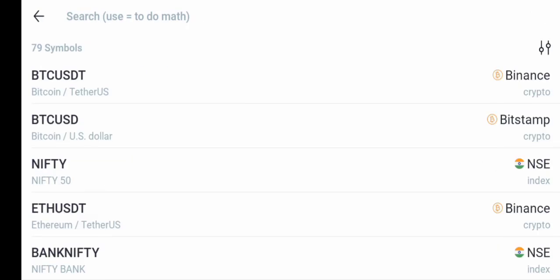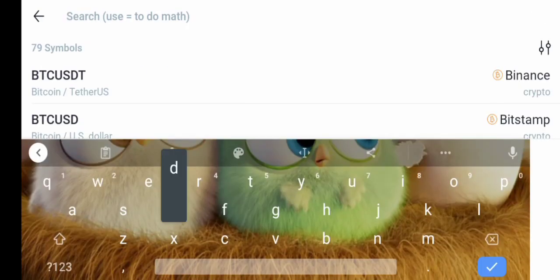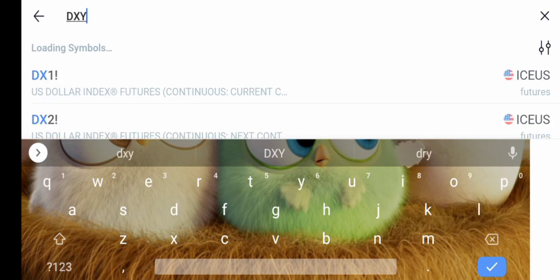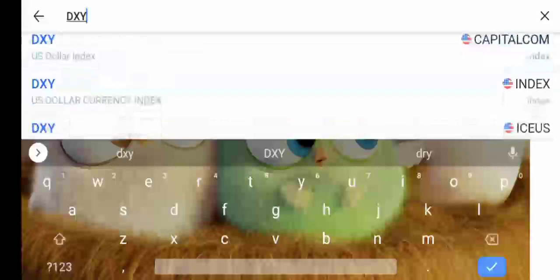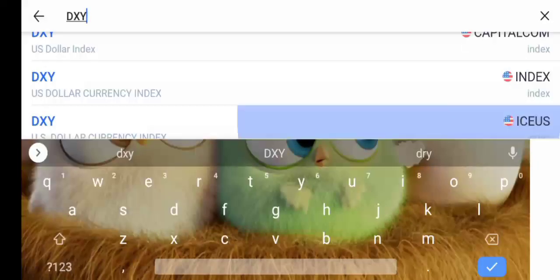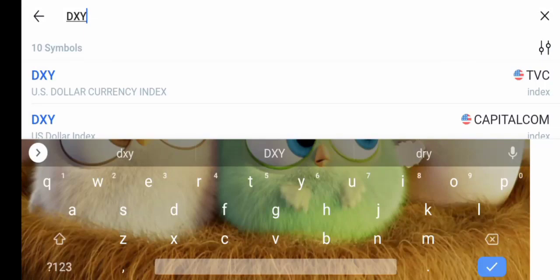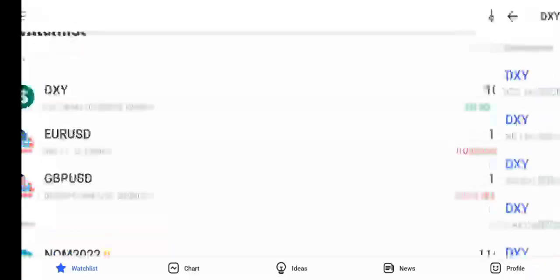Go to your plus, tap the plus button, then tap DXY. Then choose the first one with the word TVC. There are many. This one has capital.com and so on. Choose that with TVC.